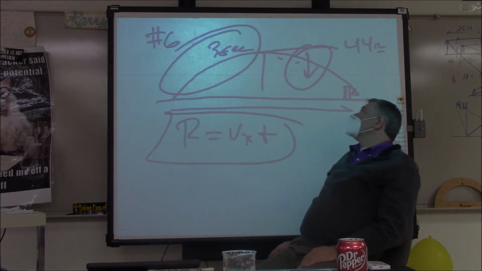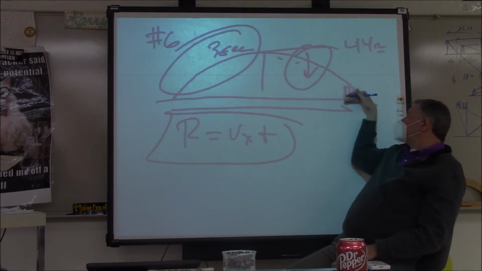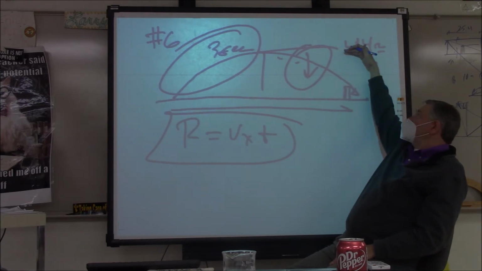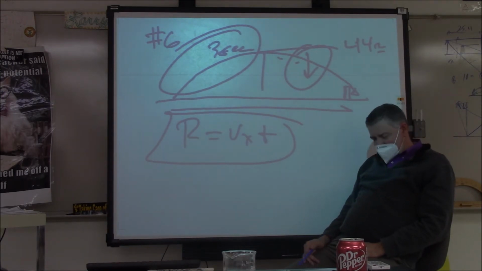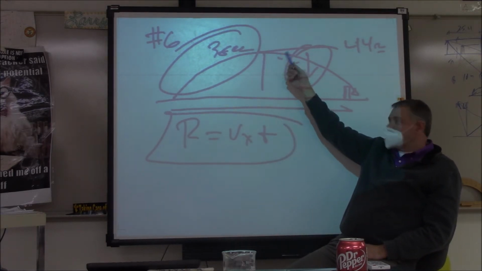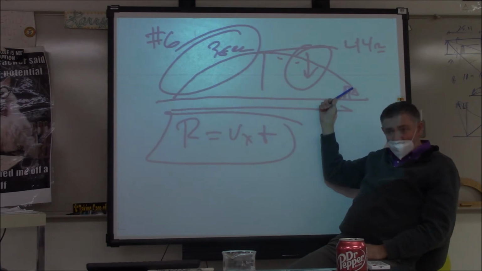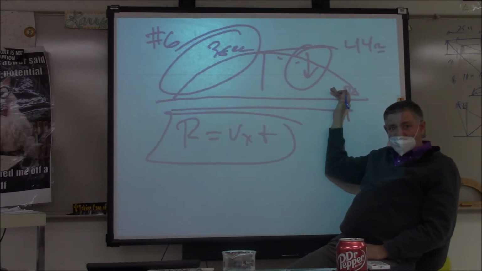So, if this is 44, and this is 2.4 meters, how can I figure out the distance that it has to fall? Shivani. You subtract it from the 2.4. Beautiful. It's fantastic. Okay? So you're going to take your maximum height, subtract 2.4 from that, okay? That's going to get you the distance that it has to fall.